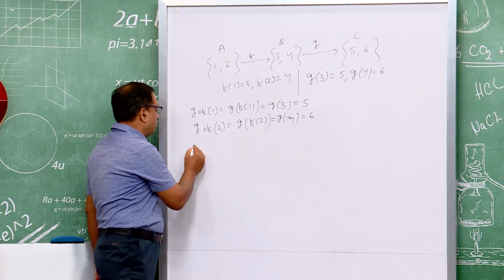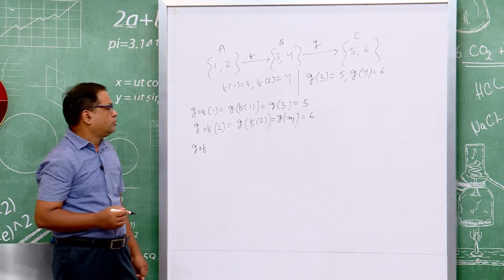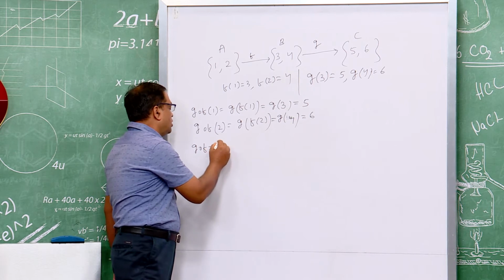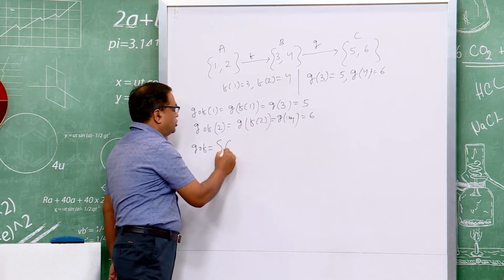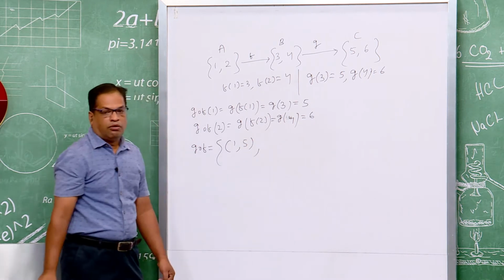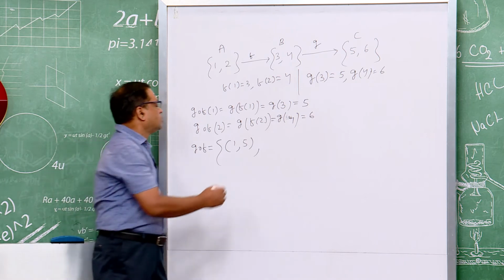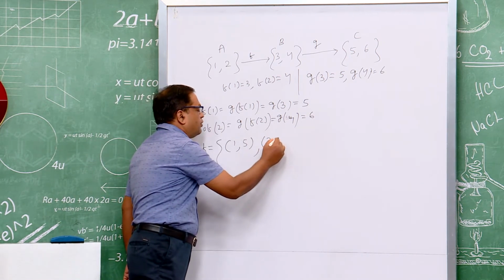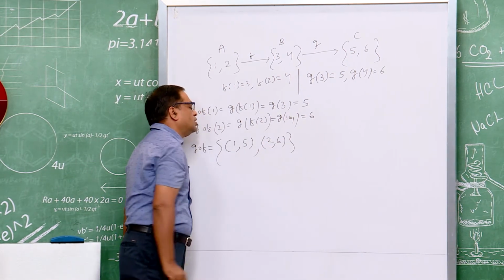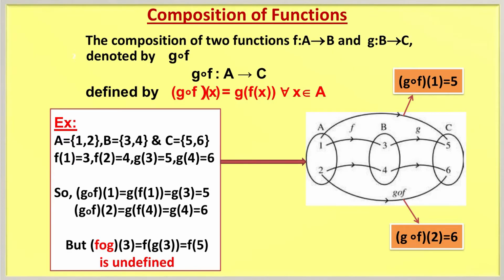So, we calculated g composition f at 1 and at 2. (g∘f)(1) is 5, so g composition f consists of the ordered pair (1, 5), and (g∘f)(2) is equal to 6, so it also contains the ordered pair (2, 6). This is your g composition f.